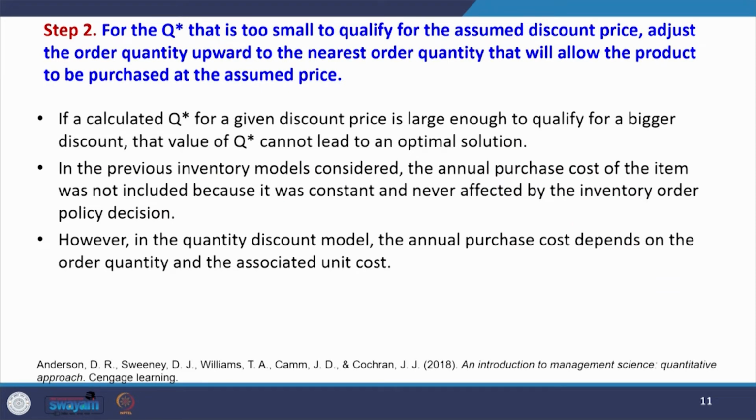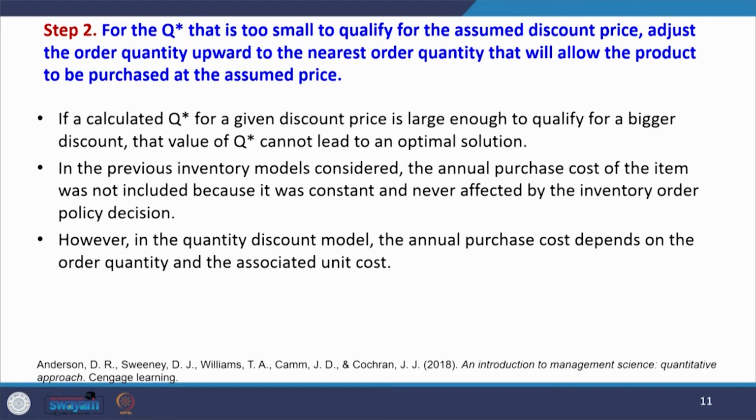Step 2, for the Q star that is too small to qualify for the assumed discount price, adjust the order quantity upward to the nearest order quantity that will allow the product to be purchased at the assumed price. So, if a calculated Q star for a given discount price is large enough to qualify for a bigger discount, that value of Q star cannot lead to an optimal solution.